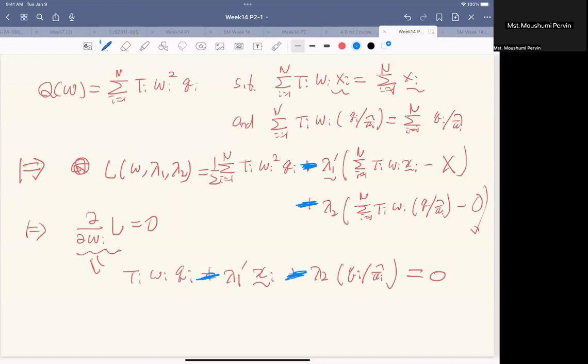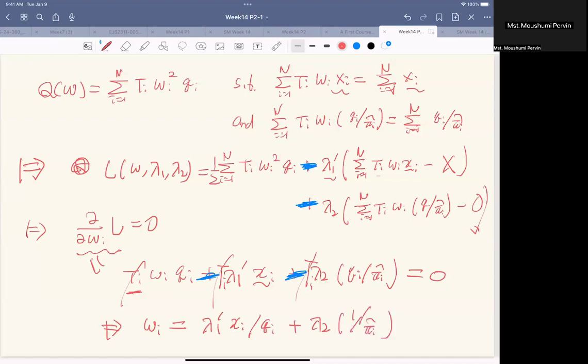So if you do that, to be more rigorous, if you have a Ti here, then we have Ti here too, right? So Ti can cancel. Then that means omega i is lambda 1 Xi divided by Qi plus lambda 2 times 1 minus omega i.